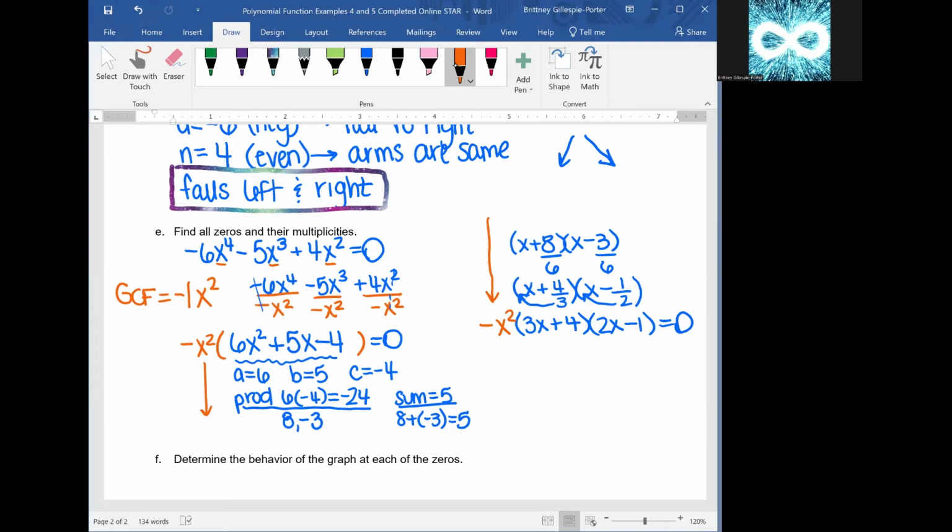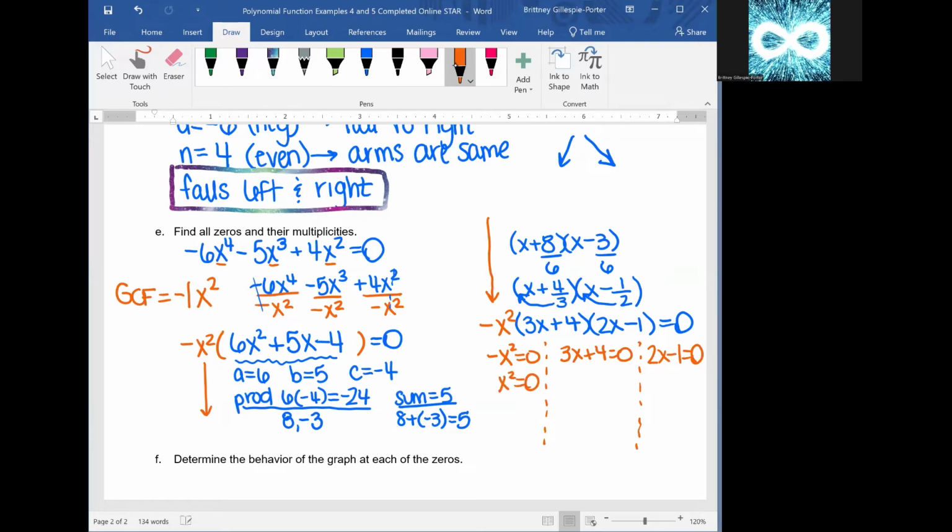So now we're actually going to solve. We have negative x squared equal to 0. We have 3x plus 4 equal to 0. And we have 2x minus 1 equal to 0. In our first problem that we're solving, we would divide both sides by negative 1.